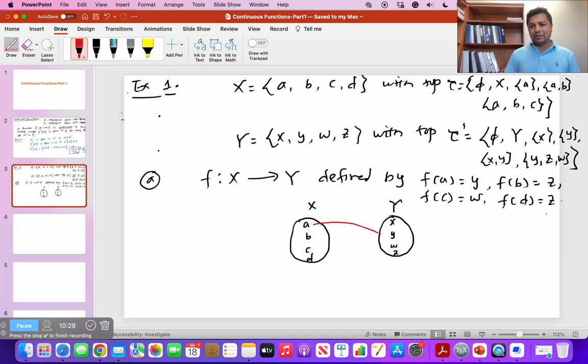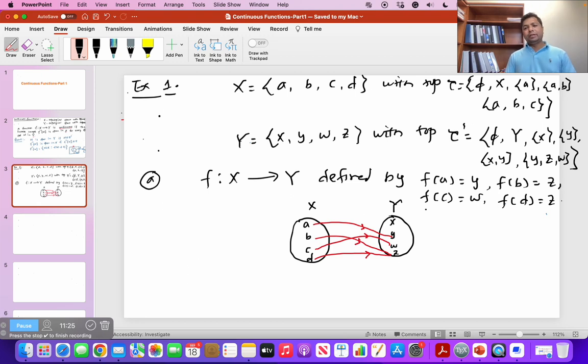The image of A is Y, the image of B is Z, the image of C is W, and the image of D is Z. Here you can see that X is not the image of any element in X. That means the inverse image of X is going to be the empty set, the inverse image of Y is A, the inverse image of W is C, and the inverse image of Z is the two-element set B, D. Okay, we have a function f from X to Y which is defined like this.